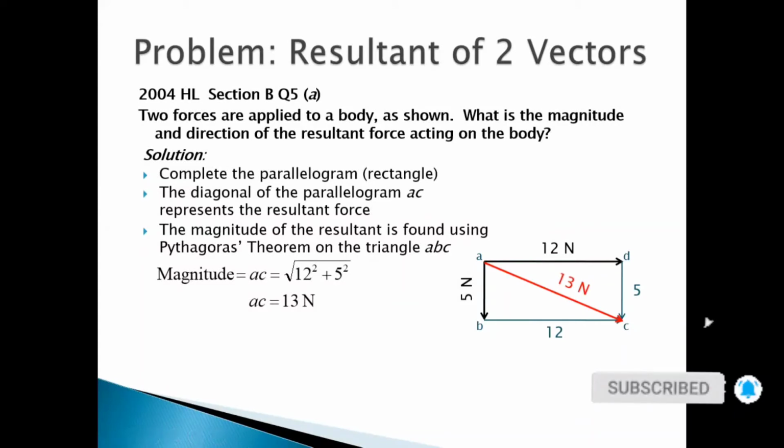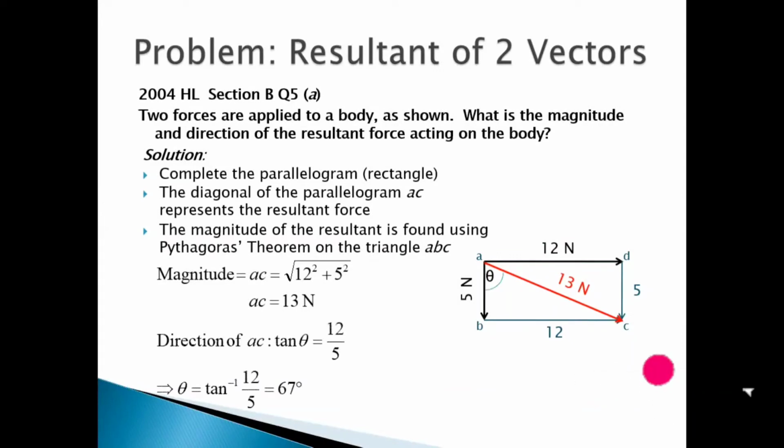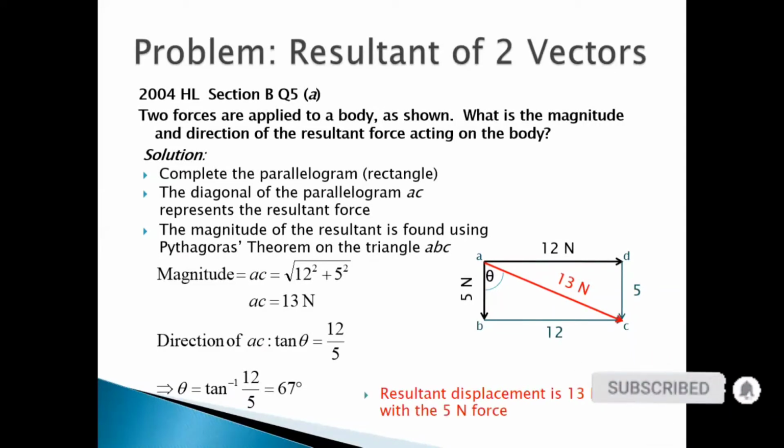So you have the magnitude 13 newtons. And the angle of elevation is by getting the tangent theta, 12 divided by 5, tangent theta is equal to 67 degrees. And that is now your resultant displacement, which is 13 newtons, 67 degrees with the 5 newton force. Okay.